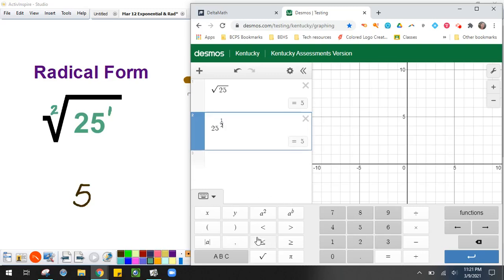You can see 25 to the 1/2 equals 5. So I just wanted to verify that with you with some technology calculations, that the square root of 25 is the same as 25 to the 1/2 power.